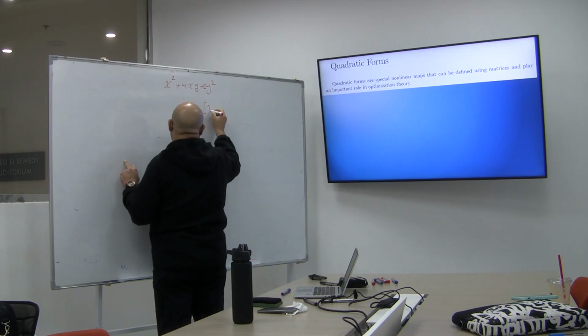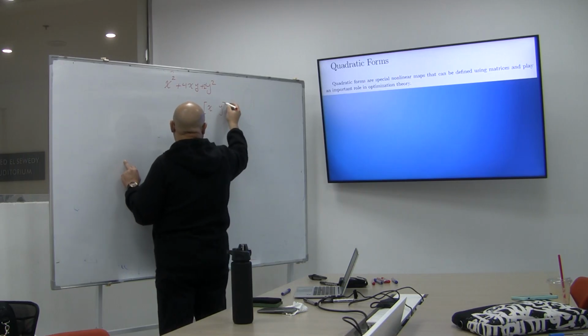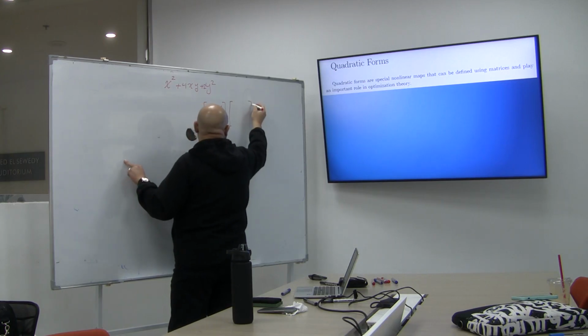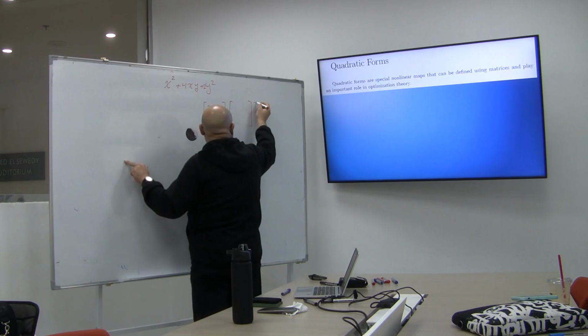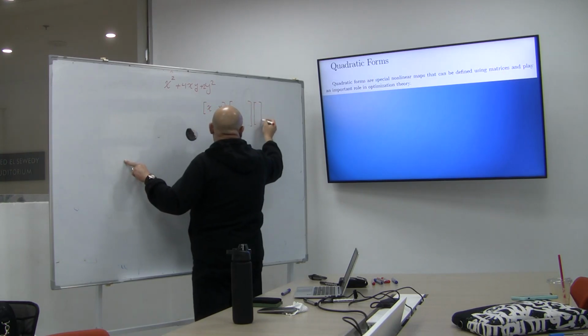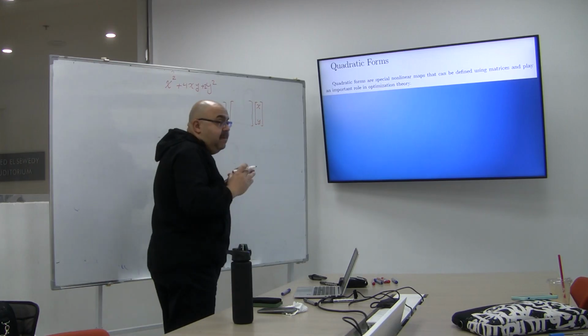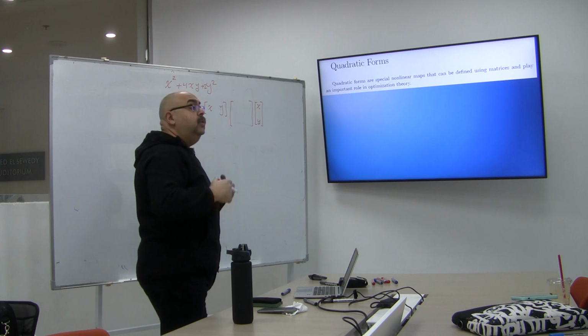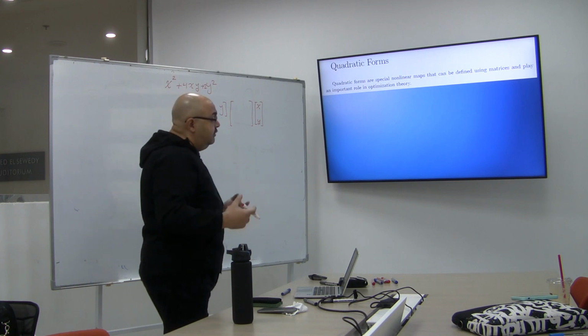It's x and y, I mean R2, right? So I will put x, y as a row, then I will have my square matrix, then I will have x and y as a column. Okay, how to get the matrix with the numbers, the matrix that I will use down the road in order to find the eigenvalues and the eigenvectors.